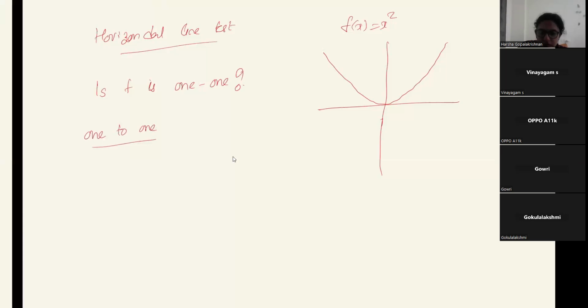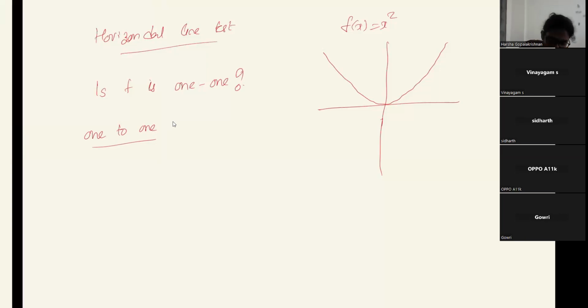Number of elements in A have number of images in B. See, we cannot say number of elements in A if A is infinite. Like in the countable case, we can say number of elements and all. Other than that, we have a very basic definition for 1-1-ness.